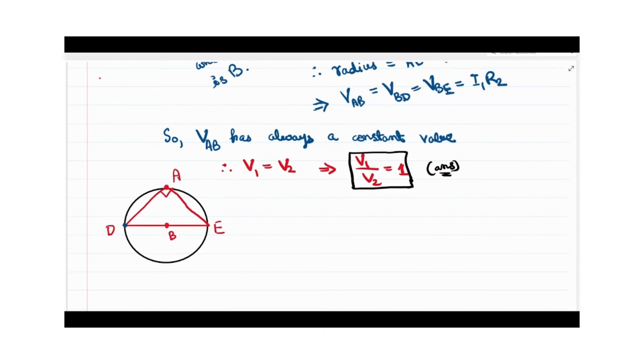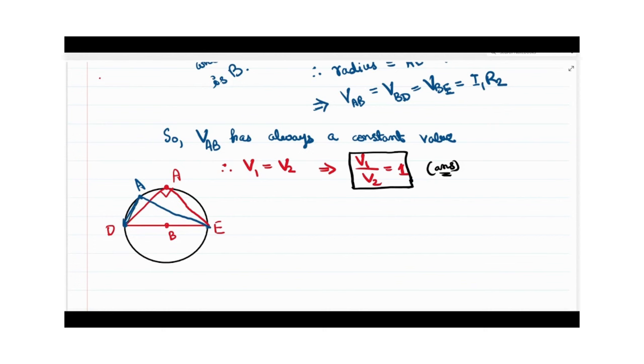So it will always follow the mathematical property that we already discussed. Anywhere the point A goes, this point A will always lie on this circle.